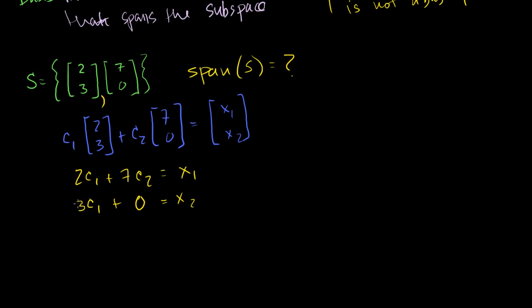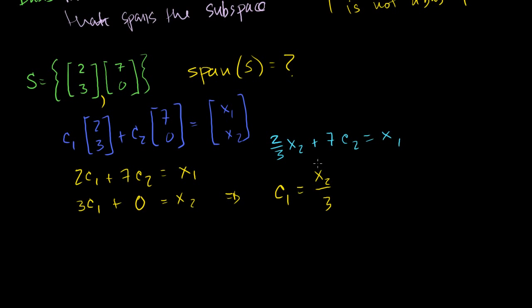If we take this second equation and divide both sides by 3, we get c1 is equal to x2 over 3. Then if we substitute that back into the first equation, we get 2/3 x2 plus 7c2 is equal to x1.